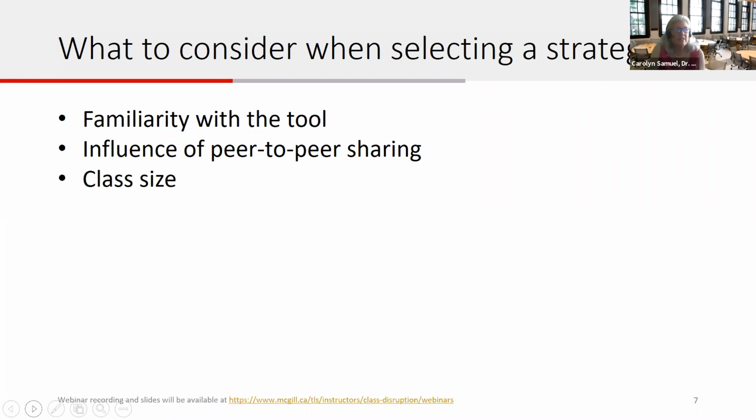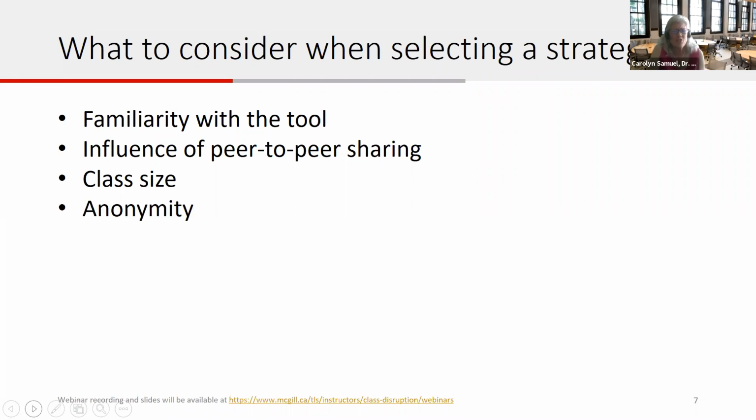I alluded to that before, but I'll just come back to it with surveys. Surveys might work very well in large classes, whereas minute papers might not work so well in a large class, because if you have 1,000 students, it might not be feasible to read 1,000 submissions, but a survey, of course, the data can be analyzed more readily. Then we have anonymity.